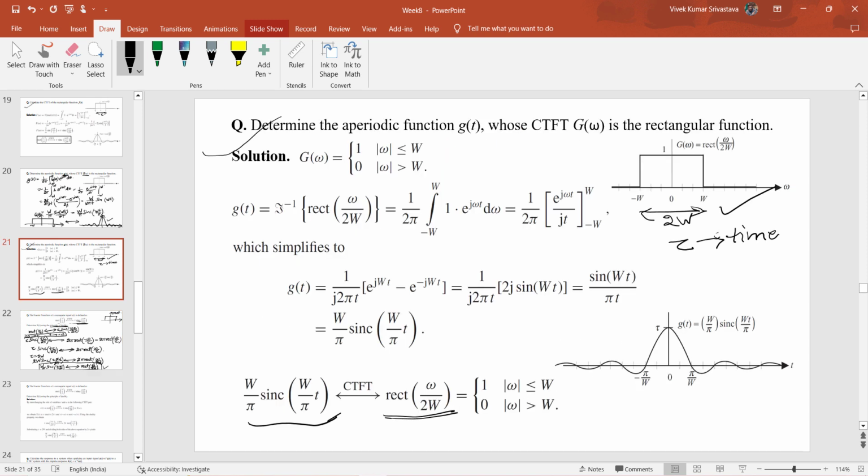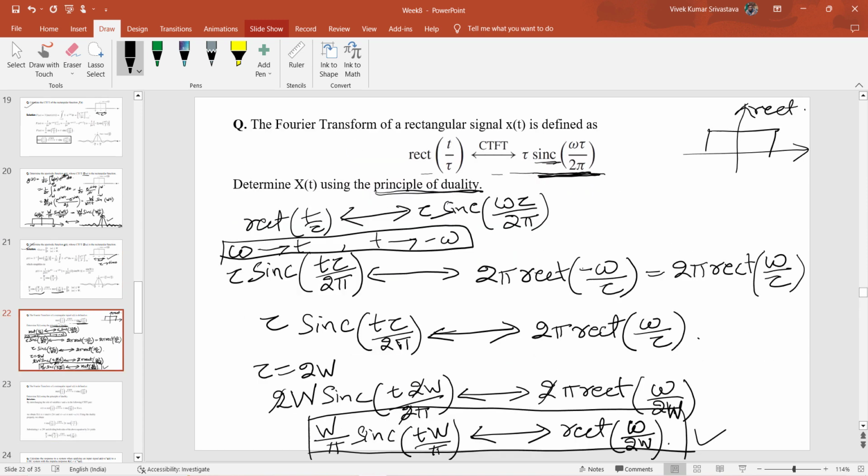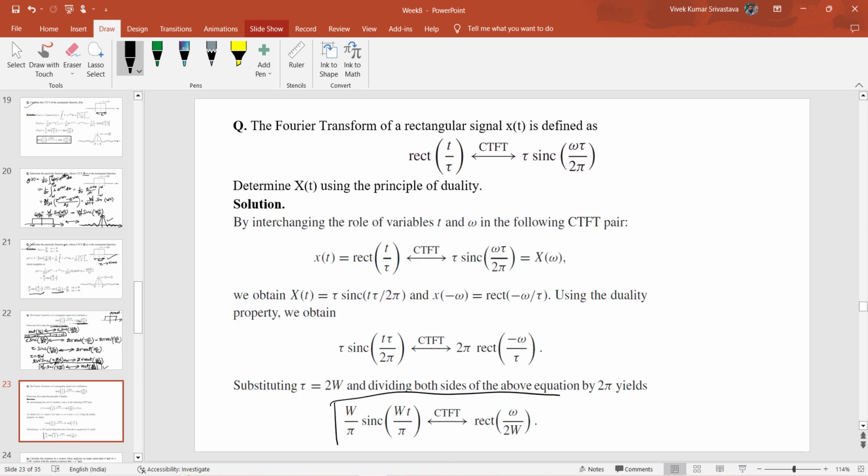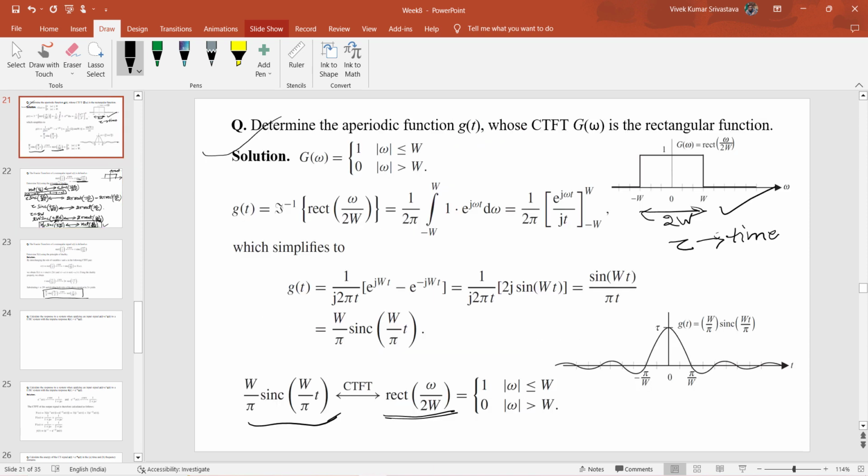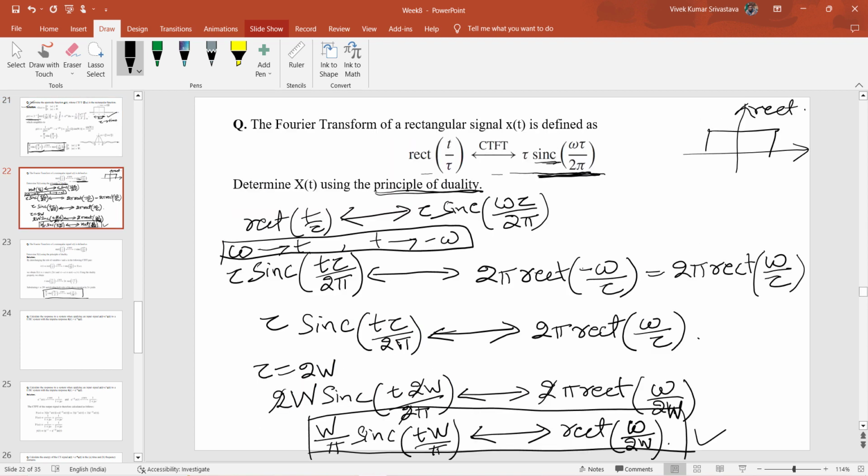So like here, if you can see that this results in the same expression. Okay, so here I evaluated this by using the expression of the Fourier transform, whereas here I evaluated this relation by using the formula that is given to us, whereas for evaluating this expression I used the duality property.